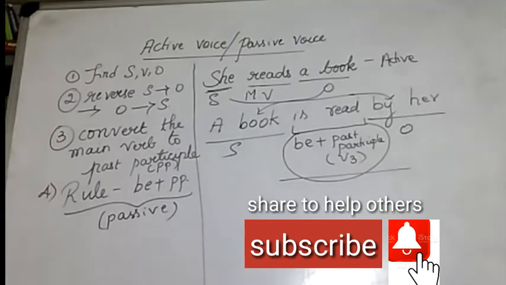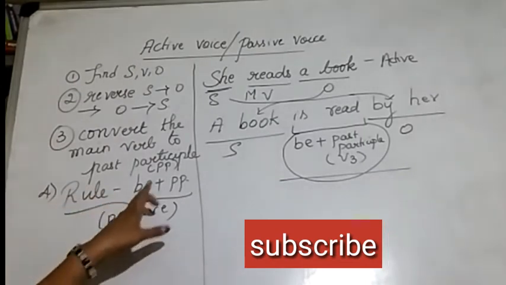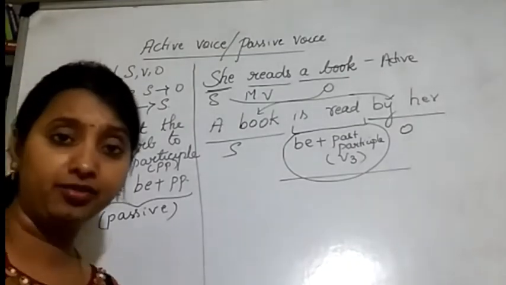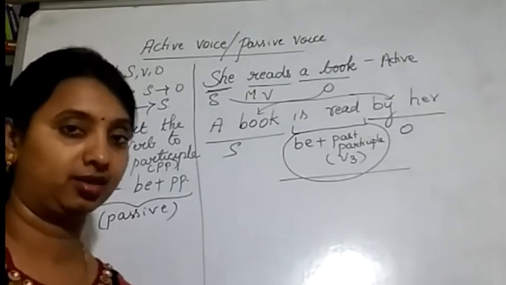Fourth rule, be plus pp. This is the main rule for passive voice. So we have to use be form plus past participle. PP means past participle. So these are the main rules to convert an active sentence to passive sentence.